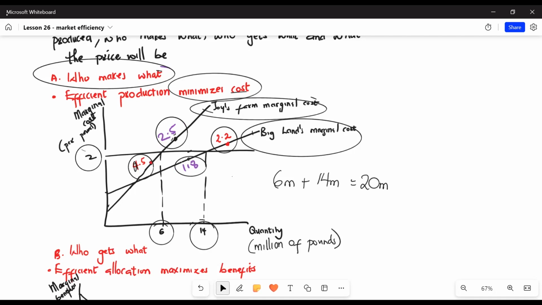So this shows that any production plan other than the one caused by the forces of demand and supply is inefficient and will raise cost.